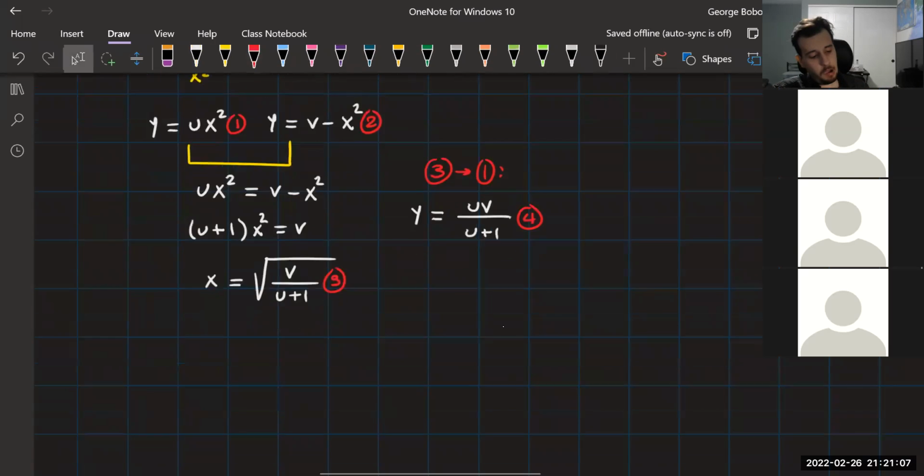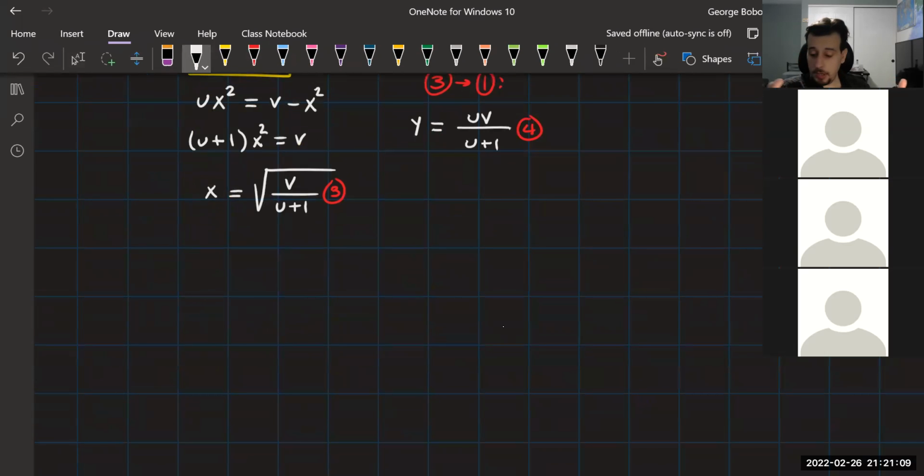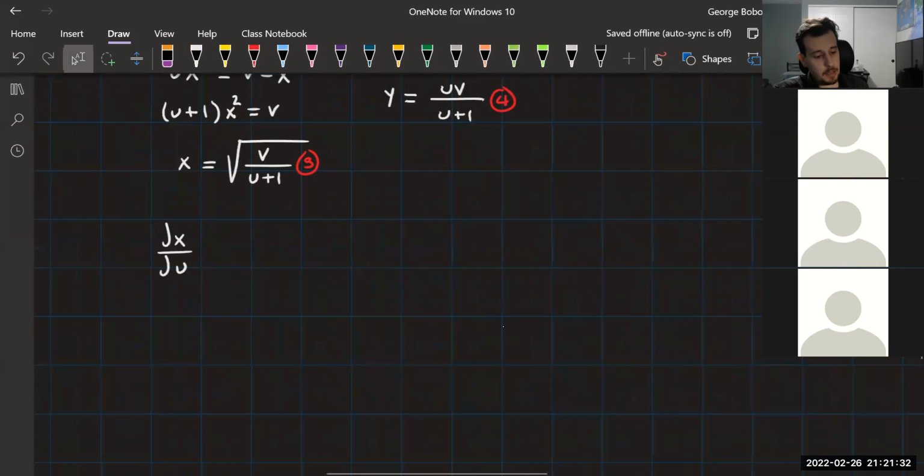Now, do you want to work again in the direction of ∂x/∂u, ∂y/∂u, or do you want to work the other way? Since we already got these in this form, might as well just do the partial derivatives with respect to the v's and u's, right? That's what we need anyways. So I need this, right? I'm going to help here a little bit.